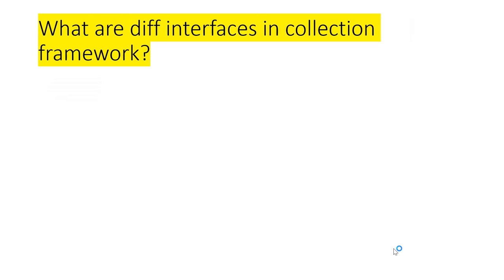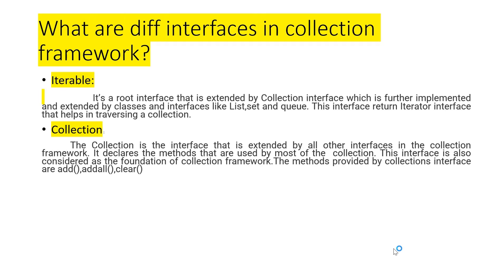Next is, what are the different interfaces in the collection framework? As we have seen in the hierarchy, this is just an explained version of that. We have seen Iterable and Collection. Iterable is the root interface, as we have explained earlier, and it is further extended by the Collection interface, which is further implemented by other classes and interfaces.